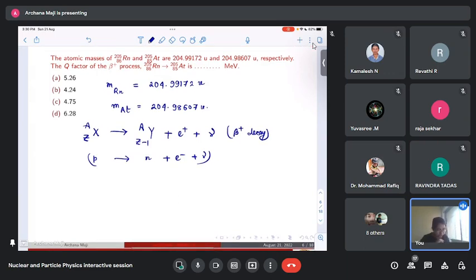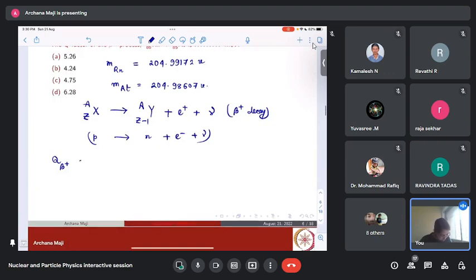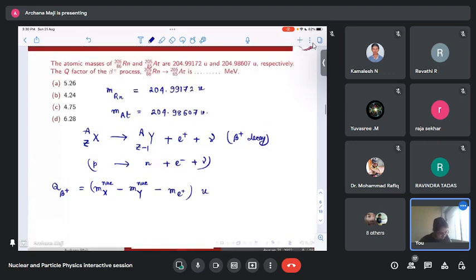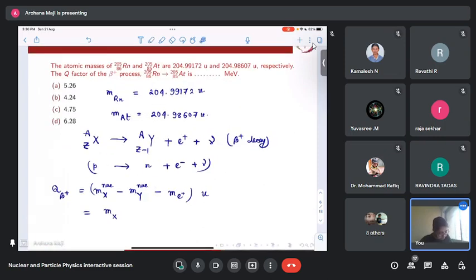We have to determine the Q factor of this process. So the Q factor of beta plus will be the nuclear mass of X minus the nuclear mass of Y minus the mass of positron, and we want to convert it to atomic mass, since atomic masses are provided in the question.